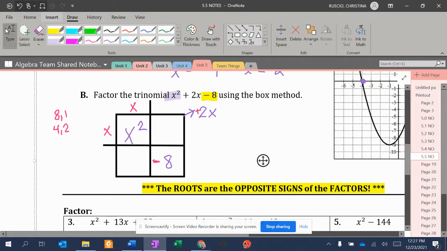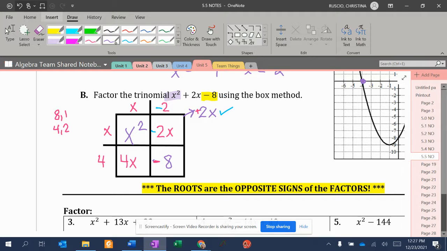So I'm going to try 4 and 2. So if I put 2x here and 4x there, the only way that I'm going to be able to get this to work, because right now it's not working, 4 times 2 is a +8. I need one of them to be negative. If you're thinking I need to make this one negative to make this true, you are absolutely correct.